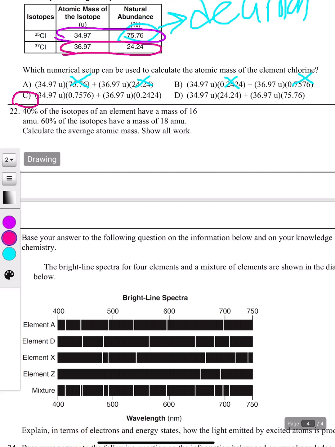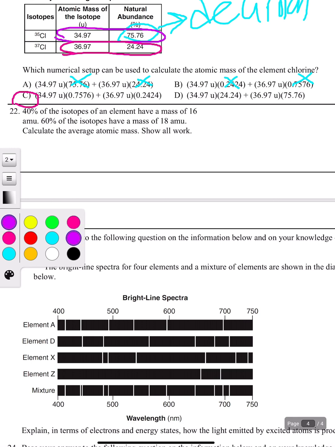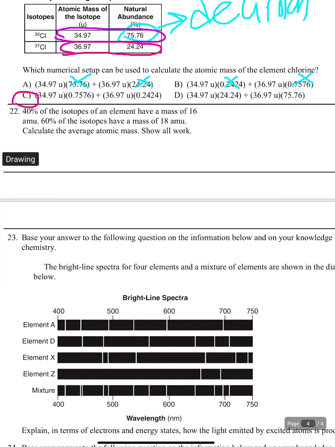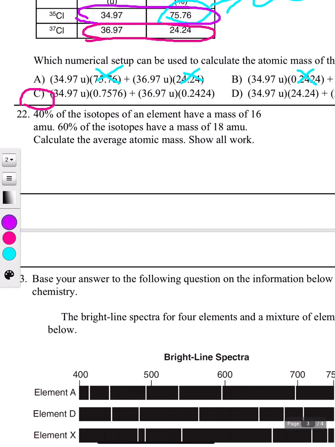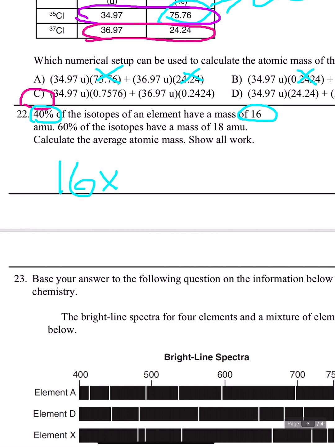Now, this next one tells us to calculate it. So now they are actually telling us to calculate average atomic mass. I see the percent for one. Let's do this one. They give me 40% of an isotope has a mass of 16. So I'm going to write that down right away: 40%, so 16, which is the mass, times the fraction, the decimal form of that percent.